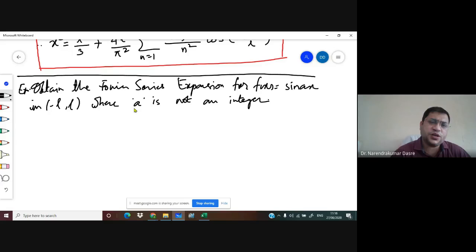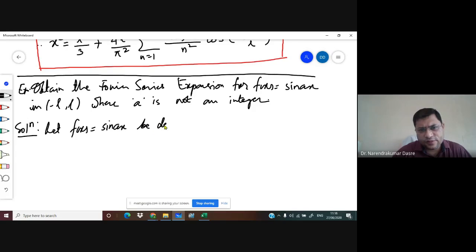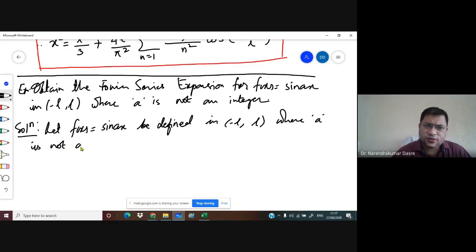Okay, so this is precisely given that a is not going to be an integer. Okay, now we have to find. So let f of x is equal to sine of ax be defined in minus L to L, where a is not an integer.